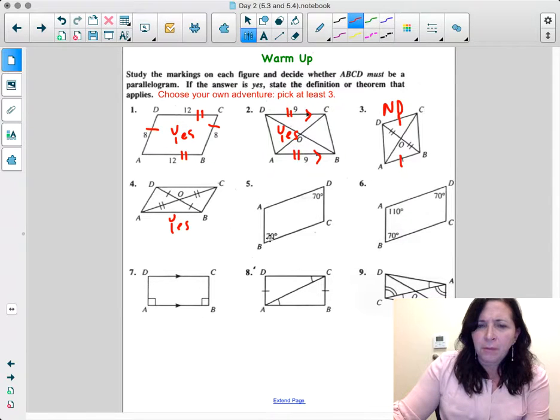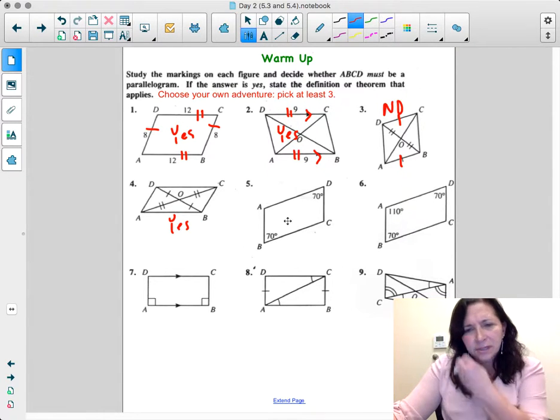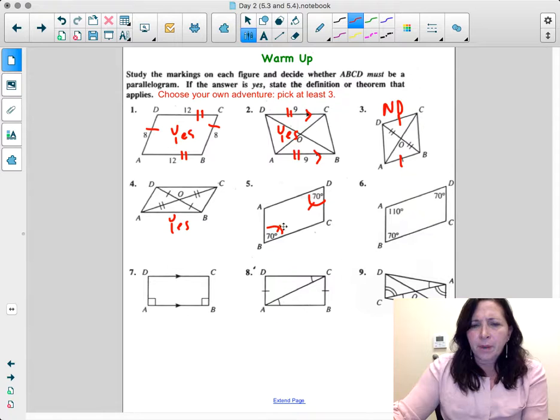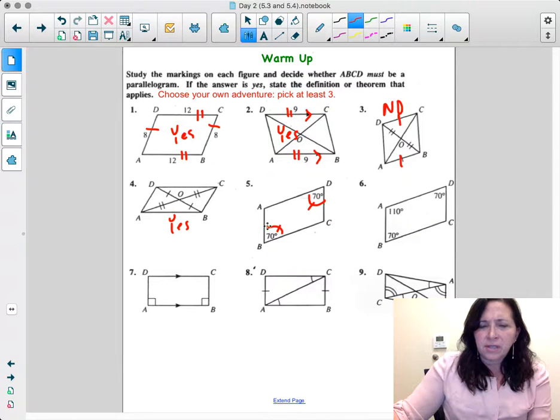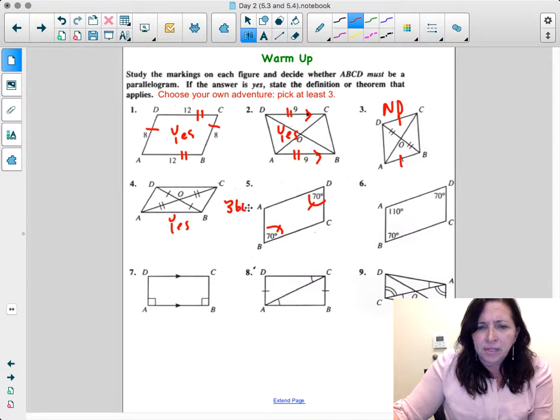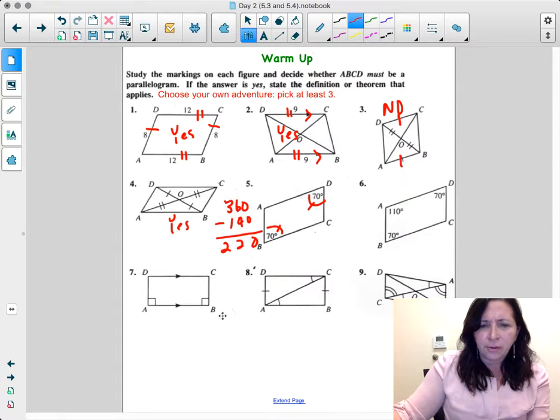For this problem, we have both of these angles equal to 70. So we have one pair of opposite angles congruent. But if you remember, the sum of the angles of a parallelogram, or a quadrilateral anyways, is 360 degrees. So if I subtract 140 degrees, I get 220 degrees.